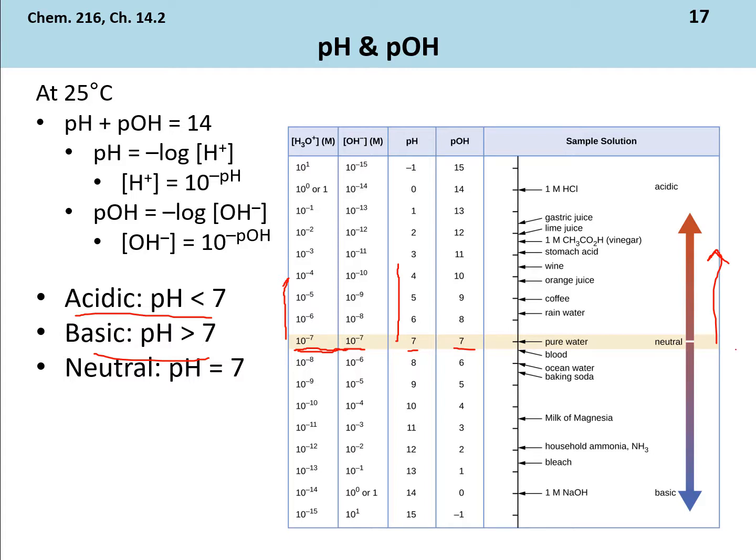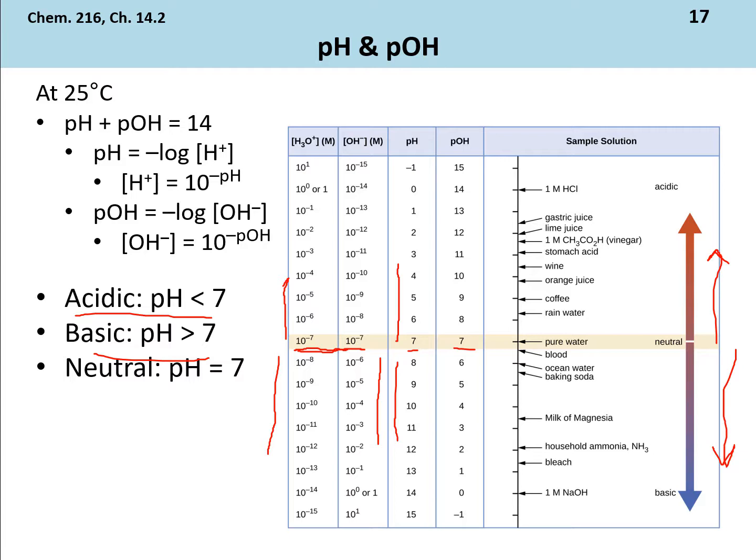If I go more basic, what happens? My pH increases, my concentration of H plus decreases, and my concentration of OH minus increases. Okay? We also have information on pOH here. Usually we don't use pOH that much.